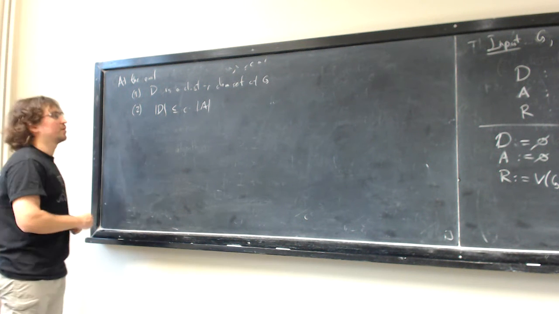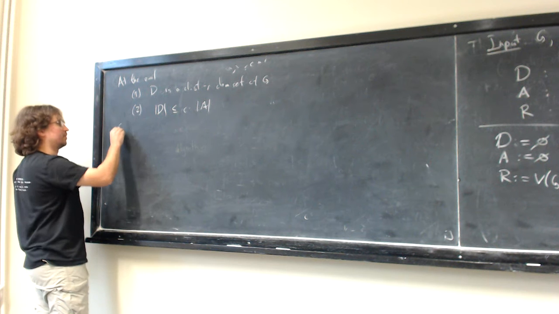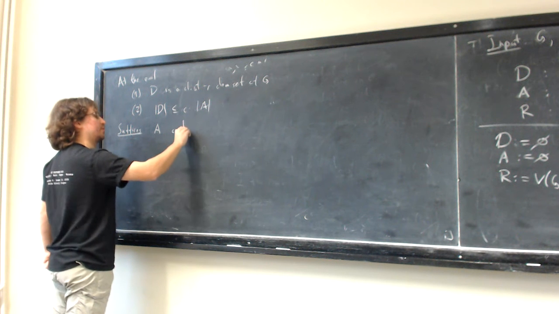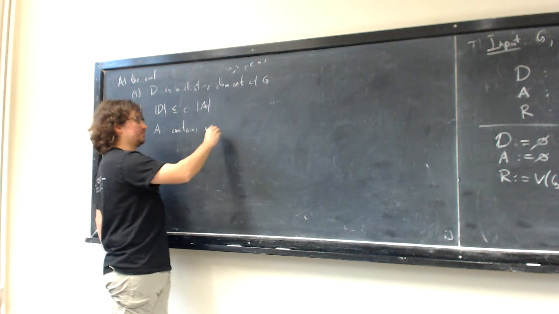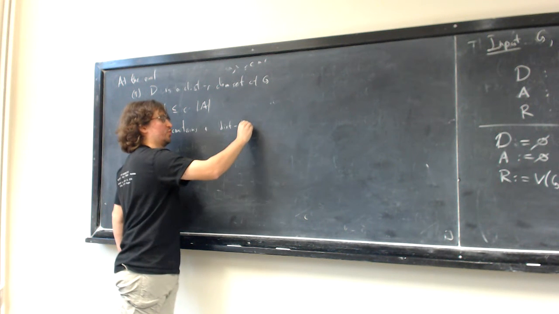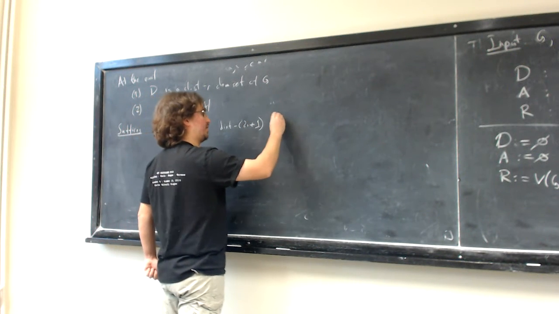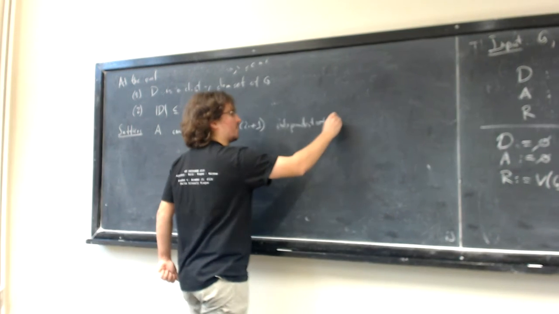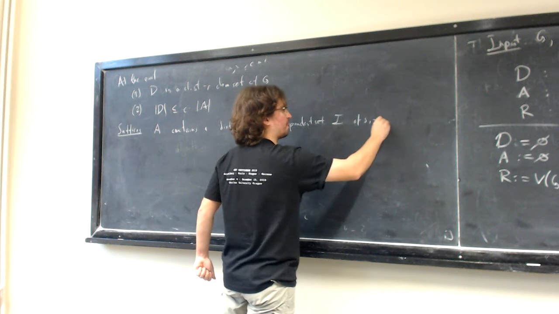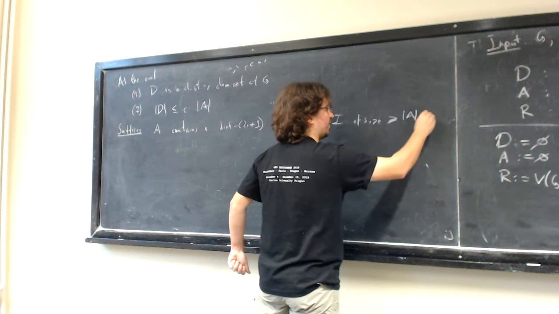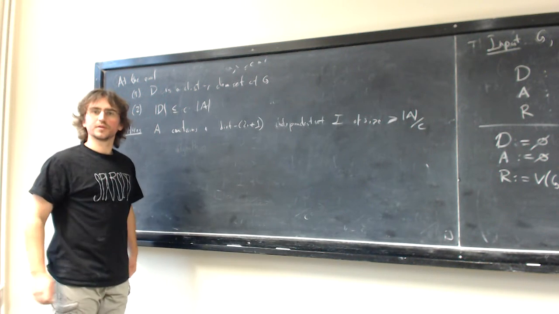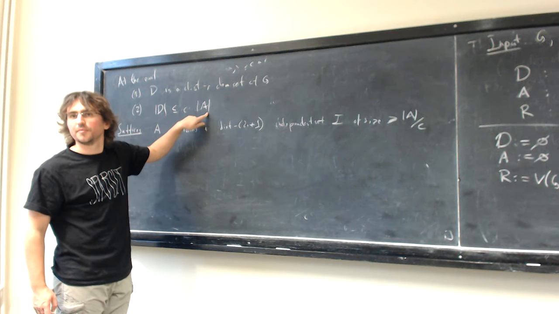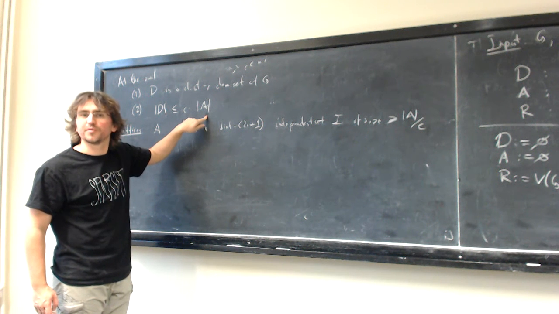So it suffices now to show that A contains a distance 2R plus 1 independent set, call it I, of size at least the size of A over C. Maybe this A itself is not yet distance 2R plus 1 independent, but still we can find in it a large distance 2R plus 1 independent set.